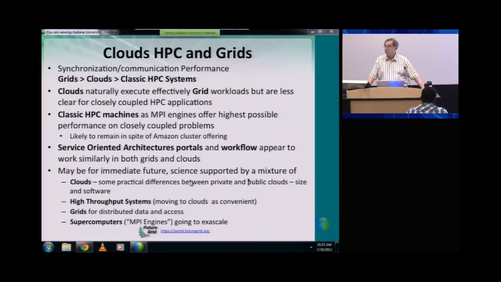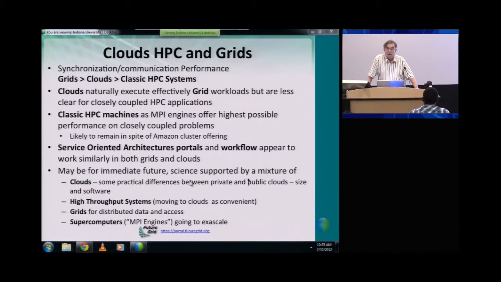So that is the key to understanding which machines are used for what tasks. We can just look at synchronization, where grids have the highest cost, then clouds, and then HPC systems. And so that says what I've effectively mentioned, namely clouds can run grid workloads, as illustrated by the fact they could do the LHC.